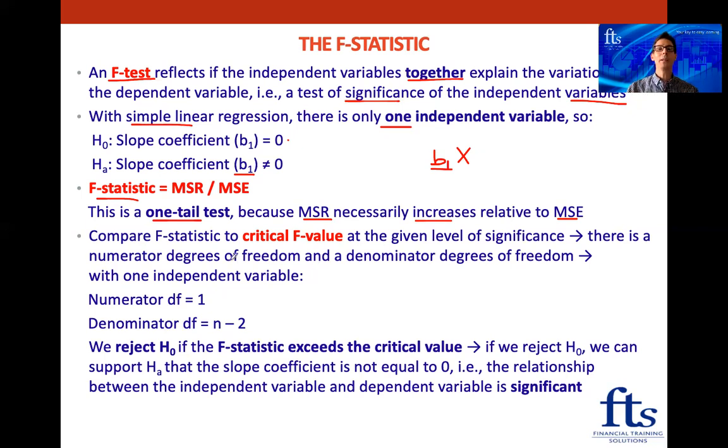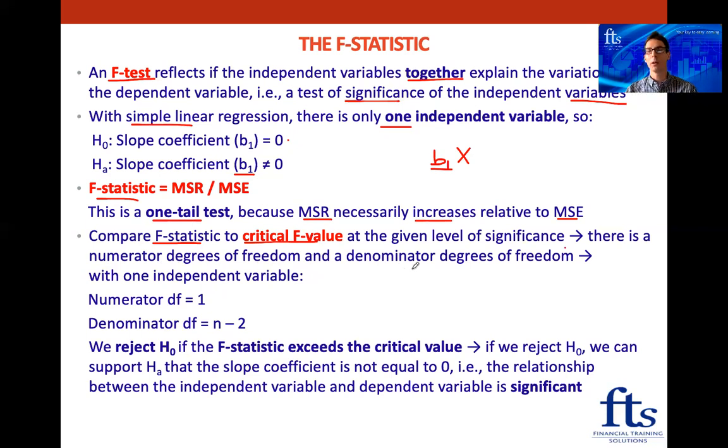Right. So what we're going to need to do now is think back to hypothesis testing. What do we do with hypothesis testing? We compare our test statistic to the critical value. So here, our test statistic is the F statistic. So we're going to compare the F statistic to our critical F value at whatever level of significance they give us. And now with the critical F value, we get a numerator degrees of freedom and a denominator degrees of freedom.